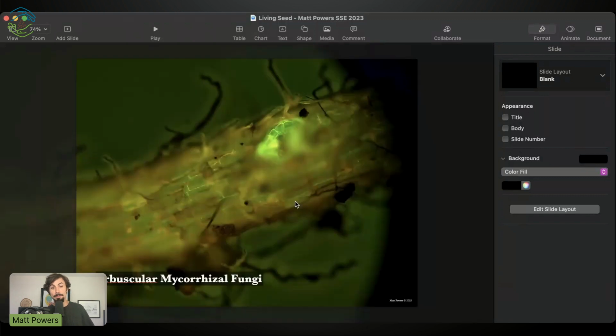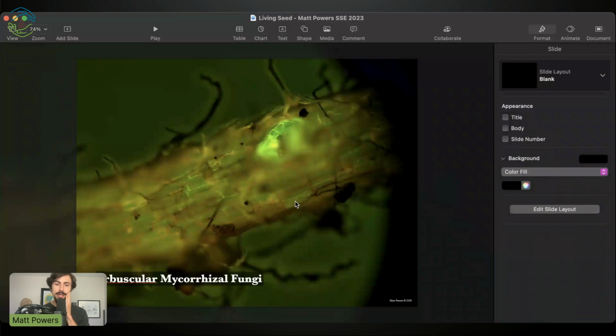Mycorrhizal fungi. This is what arbuscular mycorrhizal fungi really looks like. It's really important to recognize that it doesn't look like the trees when you look at undisturbed, undoctored, unchemically altered roots. The arbuscular shape, that tree shape that everyone sees and recognizes, is actually an artifact of the test.